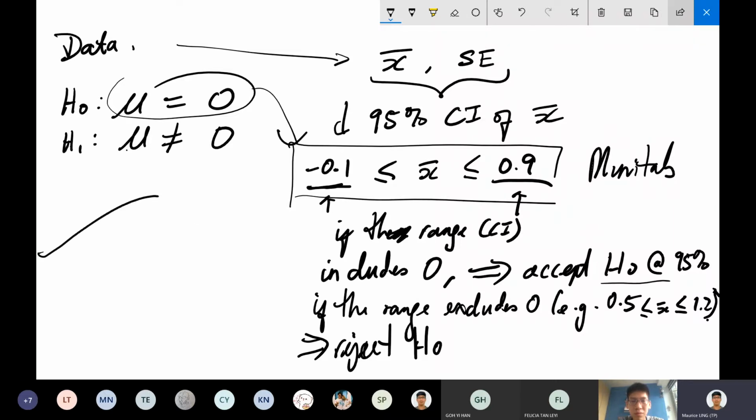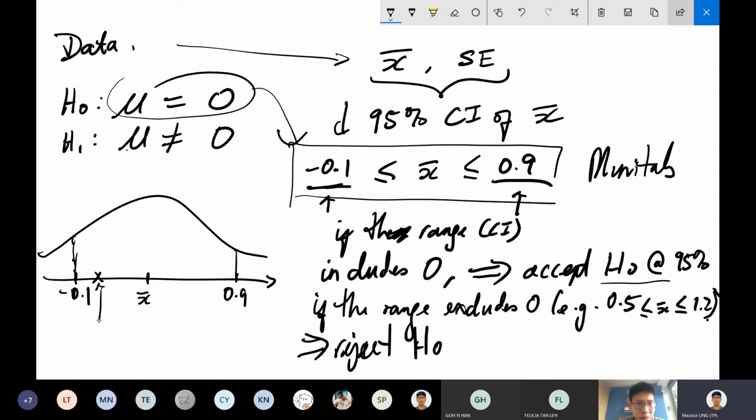If you plot it on a graph, this is the average, and your confidence interval will go from minus 0.1 all the way to 0.9. So your 0 will be here.